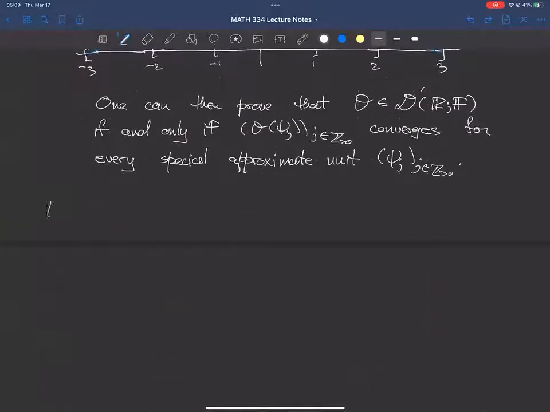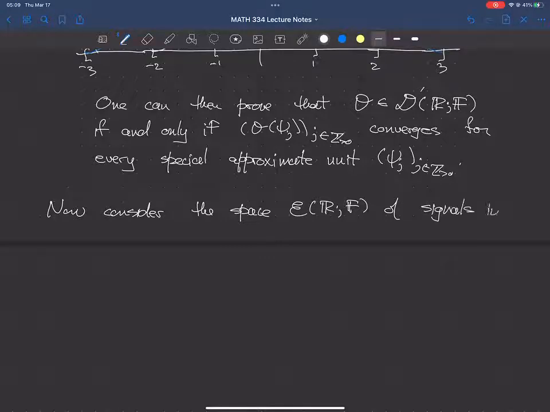Now consider, this is a new class of distributions. The space, and I'm going to call this, as everybody does, script E, of signals in C infinity of R. Right, no other conditions.